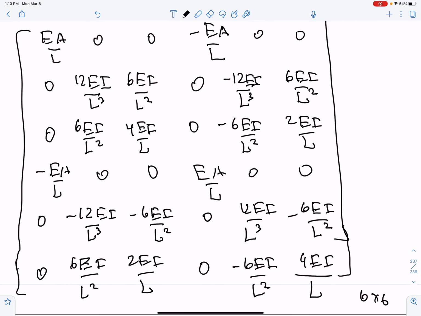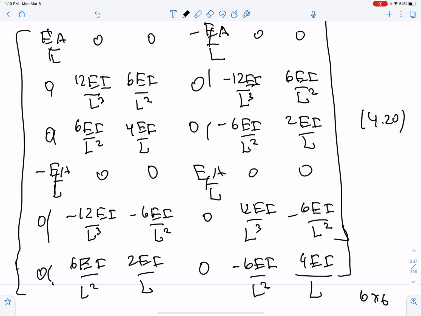Okay. If you look closely at the expression, you can see by looking at the structure of it, if you focus on the first and fourth row and column like this, here you get exactly plus minus EA over L, which would be the stiffness matrix in the local coordinate system for a truss. And then the rest of the entries are sort of coupling.